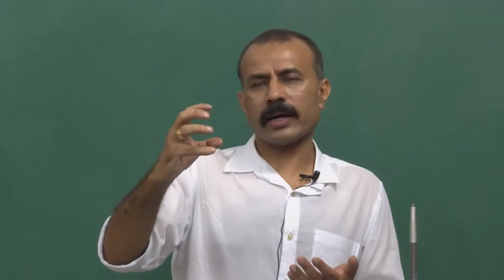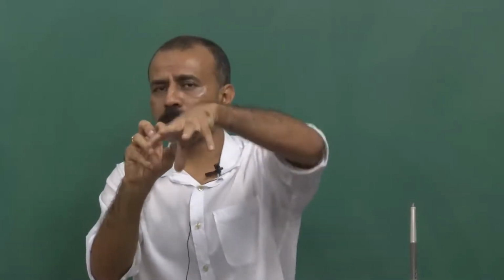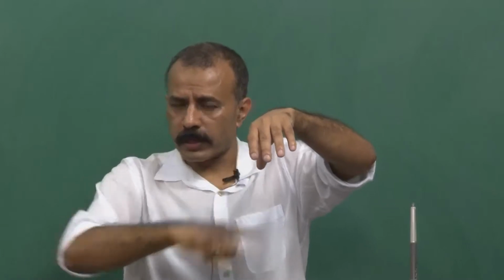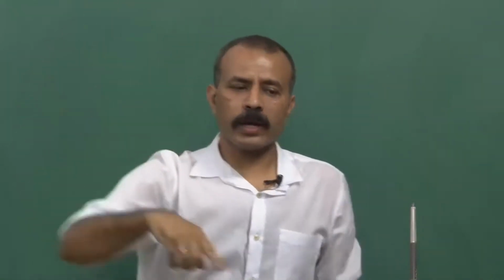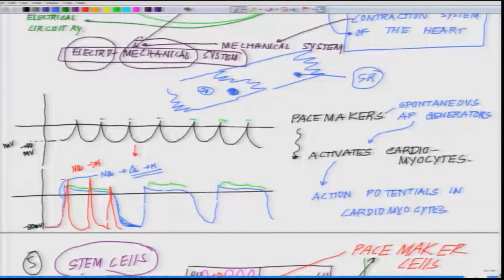There is certain electrical activity which happens to them. It is a storehouse of calcium. It squeezes out the calcium ions, but it has a mechanism: it squeezes out the calcium ions and takes them back immediately. So what a sarcoplasmic reticulum does is, suddenly there is a calcium output and then it takes it back immediately.